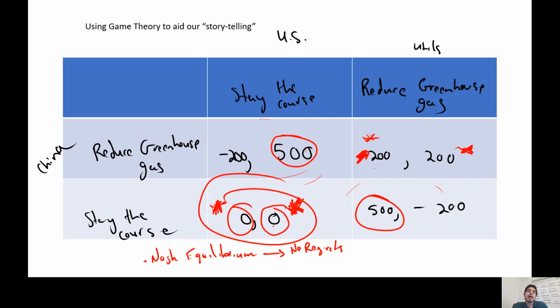So there's no regrets at the Nash equilibrium right here. Everyone see that? So we can use this awesome tool to tell us a story that is rather effective and impressive, I would add, or rather powerful.